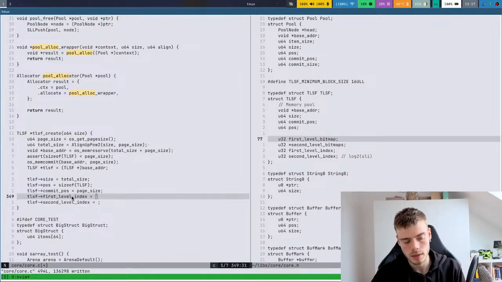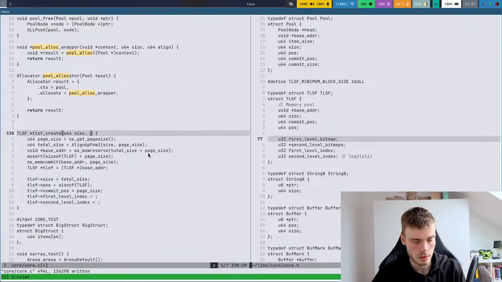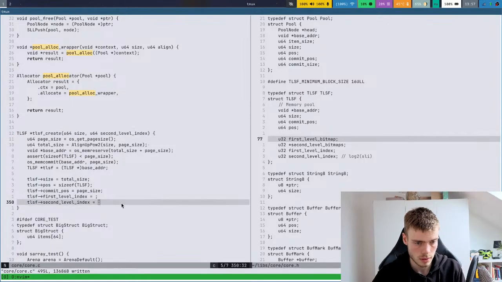So they said that this is a zero parameter. So second level index, let's get this. Yeah, whatever. Let's just get it like so.